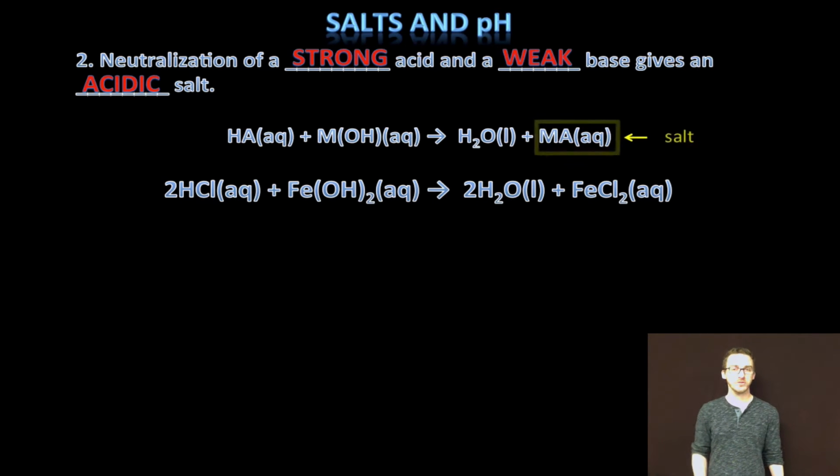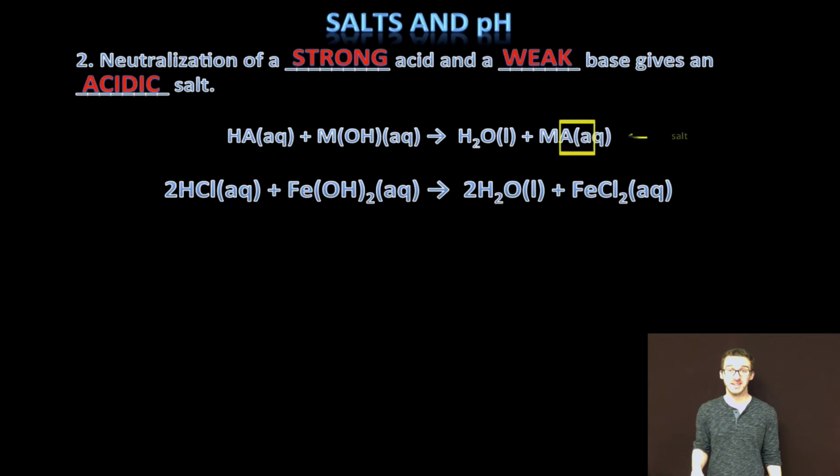However, the neutralization of a strong acid and a weak base gives an acidic salt. In the example on your screen, you've got hydrochloric acid, a strong acid, being neutralized by a weak base, iron 2 hydroxide. The salt that forms, iron 2 chloride, is considered an acidic salt. It will affect the pH of the solution.